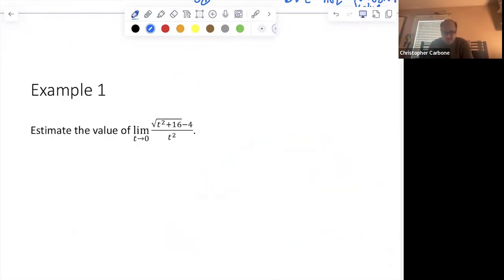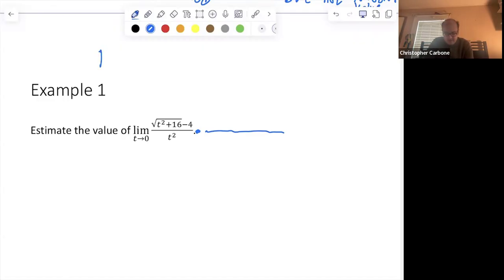Estimate the value of the limit as t approaches 0 of this particular function, the square root of t squared plus 16, minus 4 on the outside, divided by t squared. And we are going to take this expression and multiply by a value of 1. But not 1 in the traditional sense. I'm going to multiply it by something that helps us rationalize the numerator.